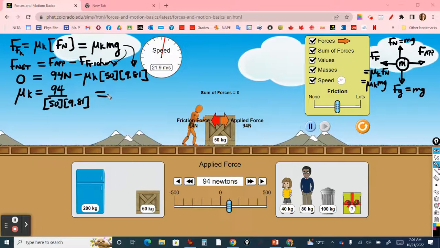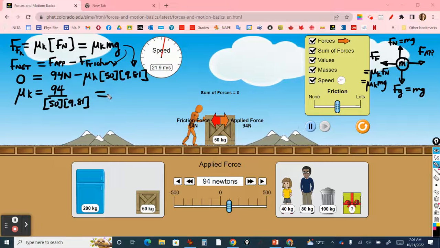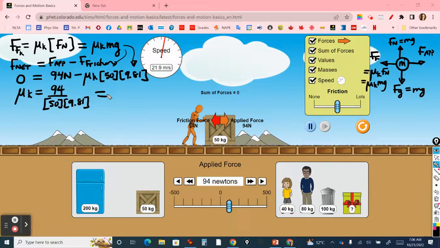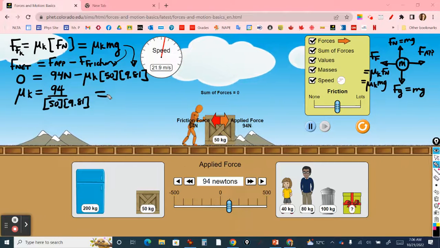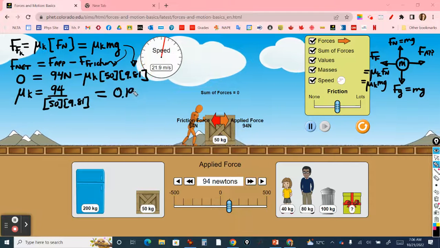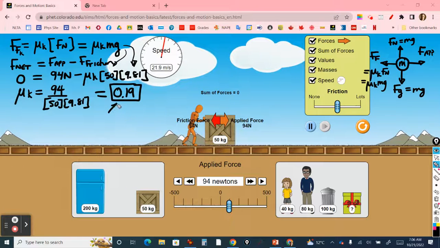And now I can find out what the coefficient of kinetic friction is. And it's 0.19.